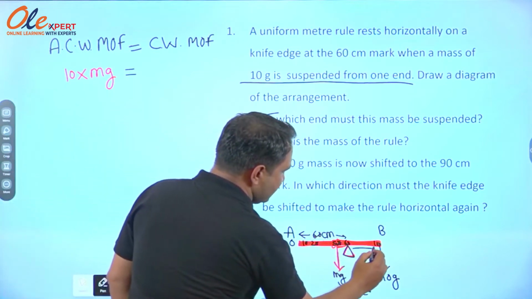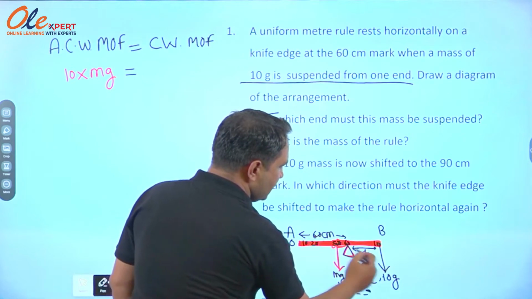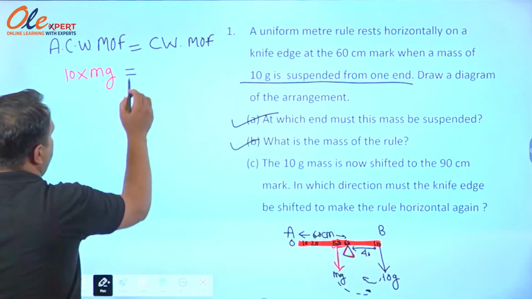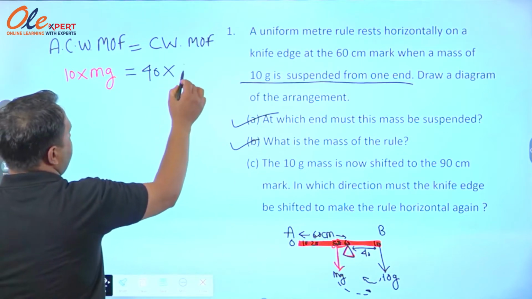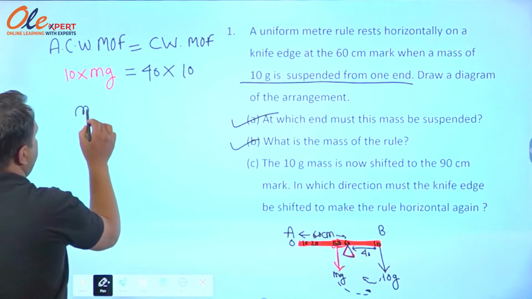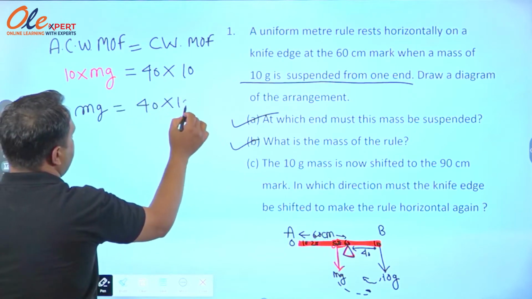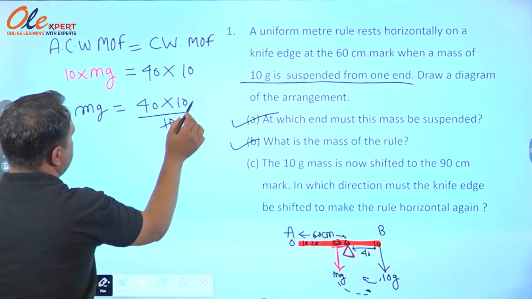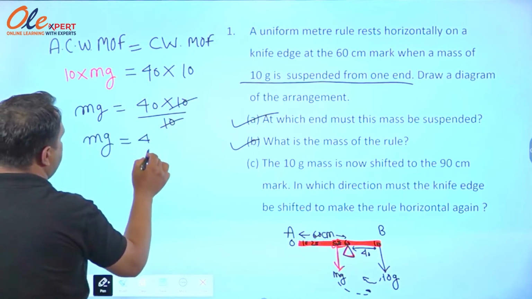How much is this distance? Between 60 and 100, 40 centimeter, right? So 40 perpendicular distance into 10. So what will be mg? 40 into 10 by 10. mg is equal to 40.